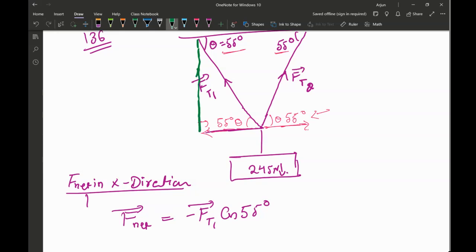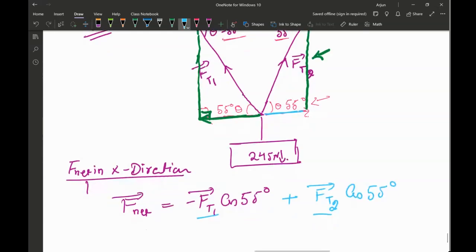I'm going to complete a right angle triangle here. So that's how this becomes the cos component. Same thing I'm doing here. This is an imaginary line, the green line which I'm drawing, and this one will again be the cos component for ft2. So plus ft2 cos of 55 degrees.